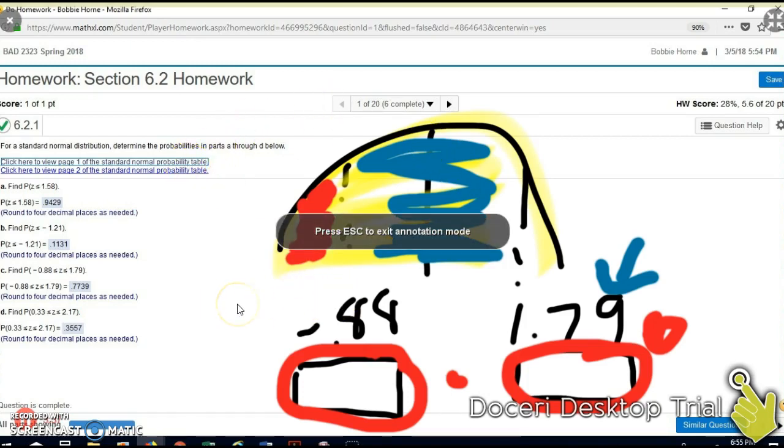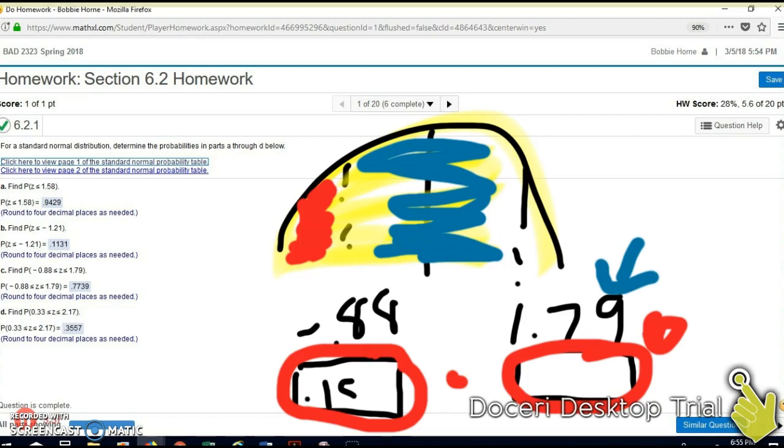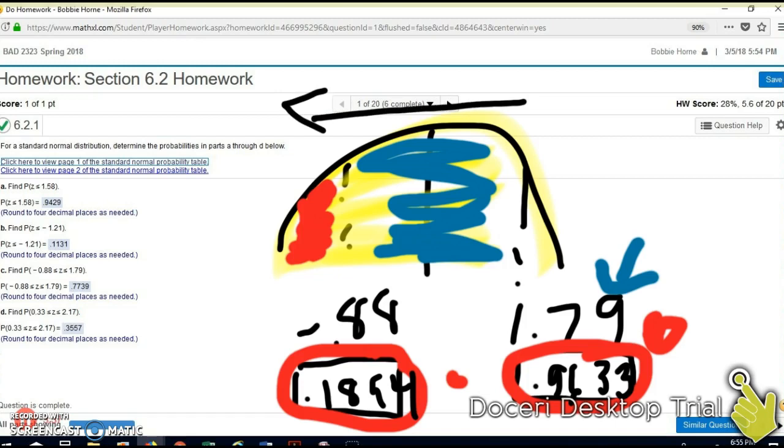I've already looked those up in your table. You can go look them up, but this number is, I believe, 0.1894, and this number over here is 0.9633. So the area from here all the way back is 0.9633.